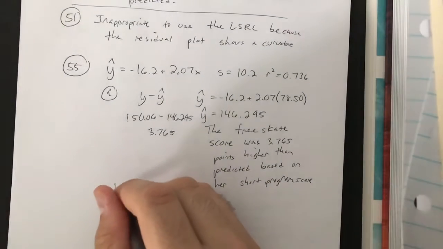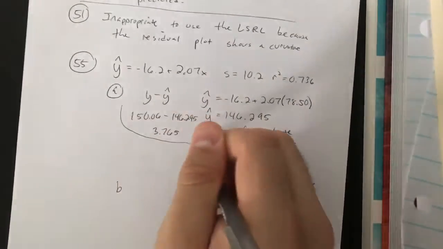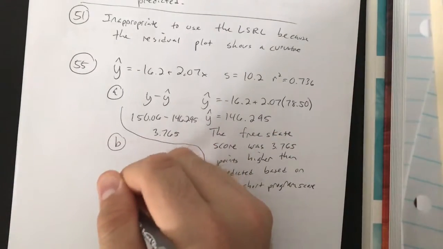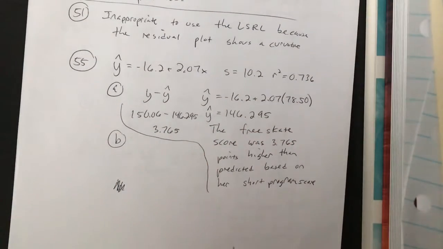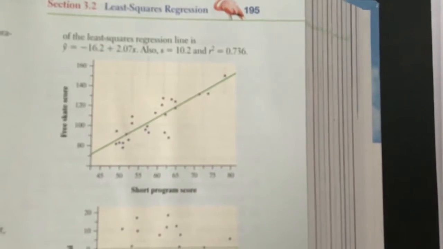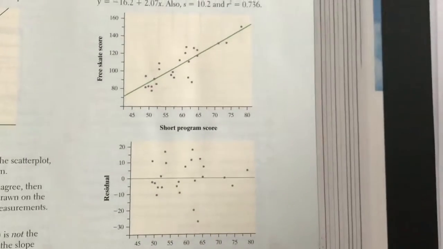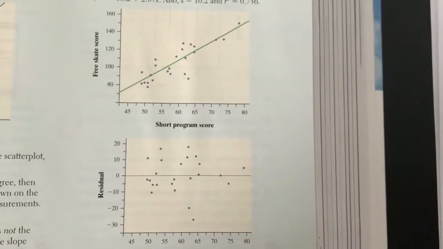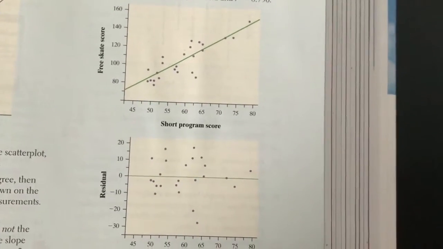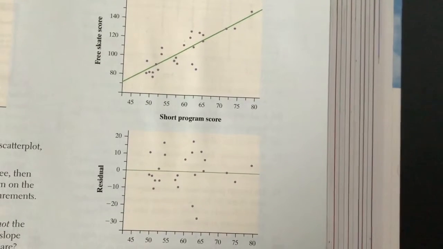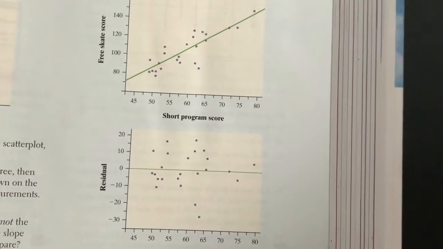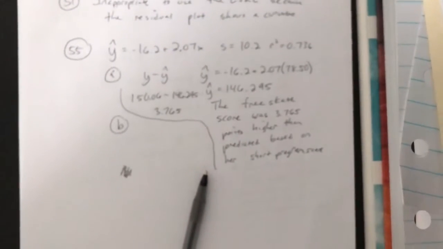Okay. Part B. Is a linear model appropriate for these data? Explain. So let's pan back over here again. Linear model, is it appropriate? So we have the scatter plot given right there. They give the residual plot underneath. I don't see any clear curvature in this residual plot, so we're going to go ahead and say no leftover pattern in the residual plot, so therefore it is an appropriate model.